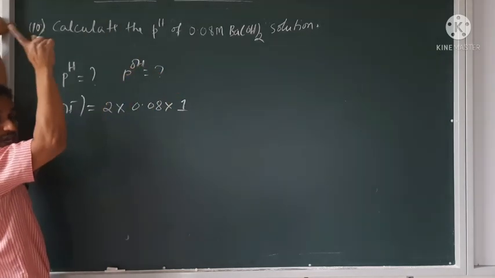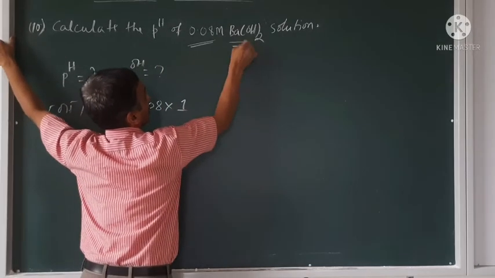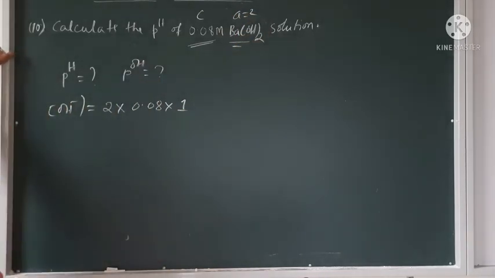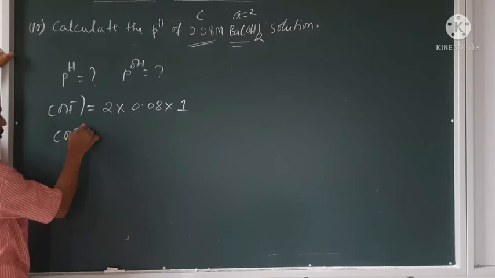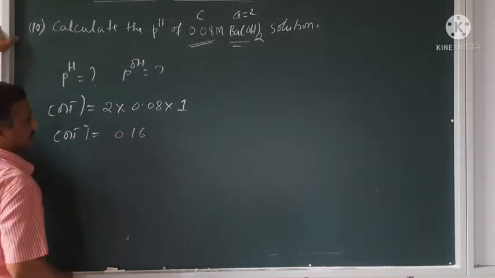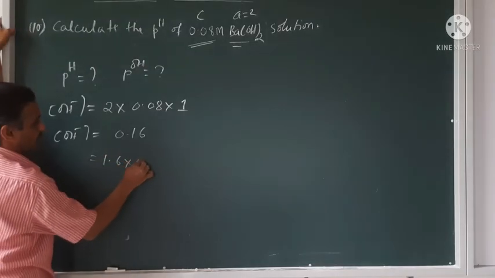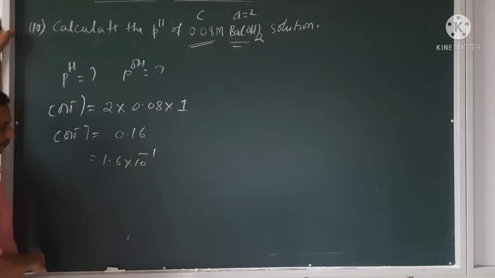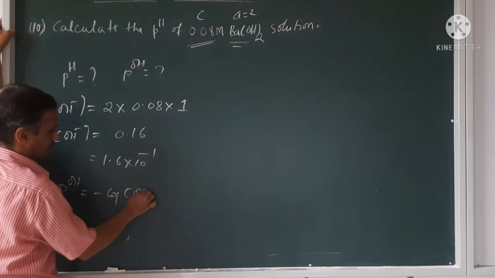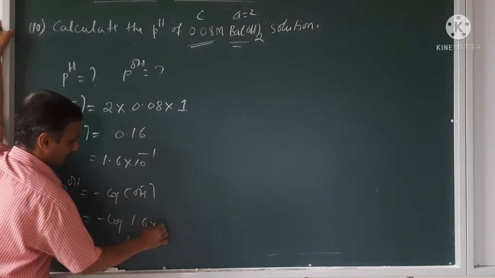Barium hydroxide is a diacidic base, so A is 2, C is 0.08, alpha is 1. So OH minus concentration is equal to 0.16, which I can write as 1.6 into 10 power minus 1. pOH is equal to negative logarithm of OH minus concentration, which is negative logarithm of 1.6 into 10 power minus 1.